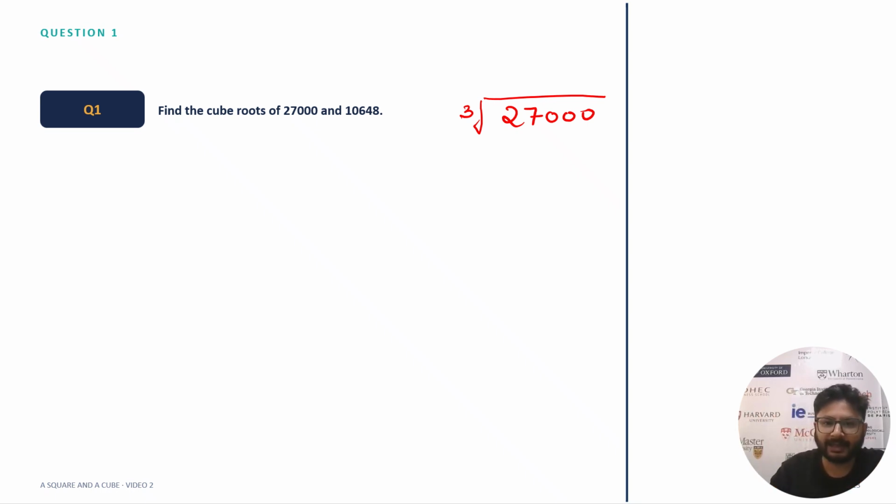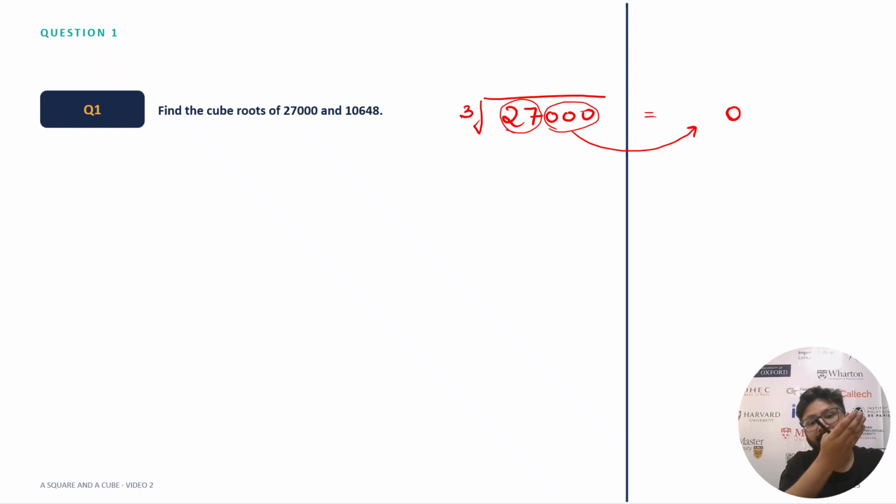So similarly, can I separate this number into two parts? 27 and 3 zeros. Since I'm now calculating the cube root, these 3 zeros will get reduced to 1 zero because I'm reversing the order. When I'm cubing it, when I'm raising it to a power of 3, it will become 3 times.